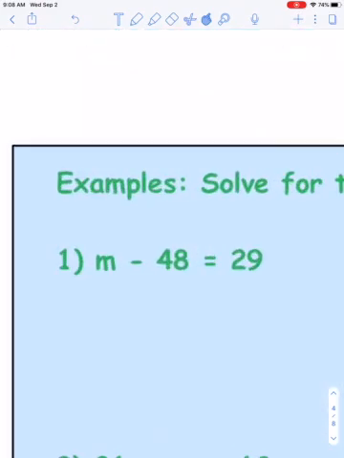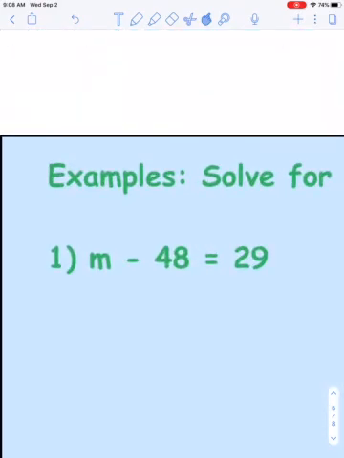Okay? So number 1. We have m minus 48 equals 29. So the first question is, what's my variable? Well, the variable is m. That's the letter. The second question is, what's happening to the variable? Well, we're subtracting 48 from it. And then what's the opposite of subtracting 48? Because you want to make sure you get it all by itself on that left-hand side. So the opposite of subtracting 48 is adding 48.